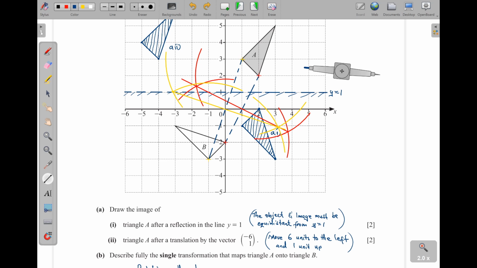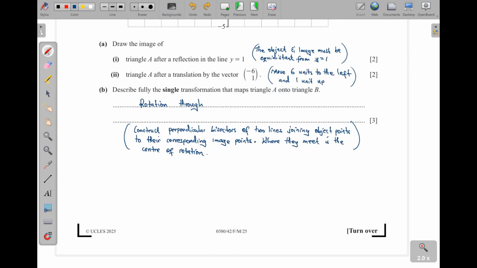Object, the center is here, then the image is here. So they moved like this. So that is anti-clockwise. So I will say here, rotation through 90 degrees, anti-clockwise or counterclockwise.